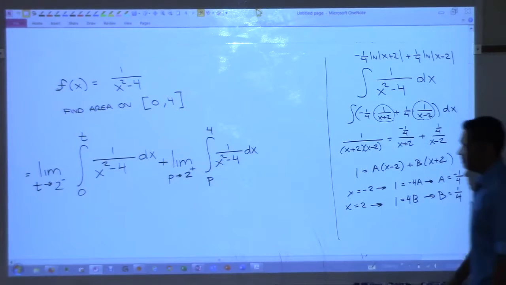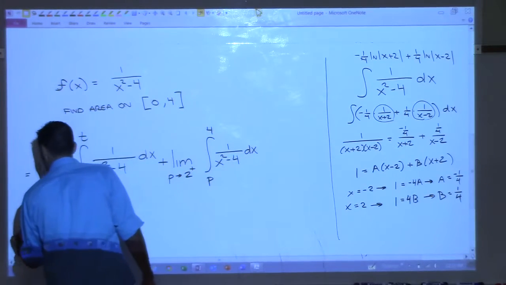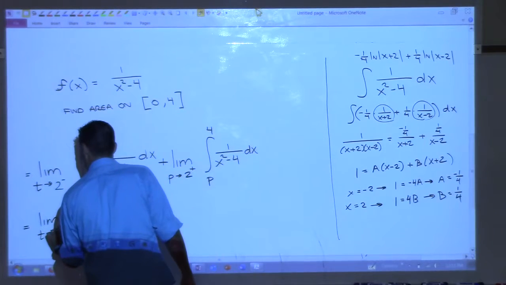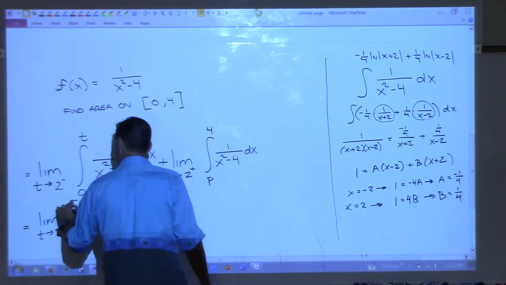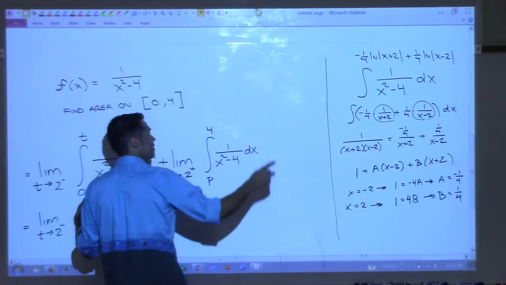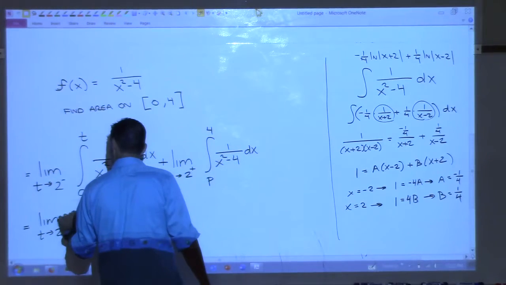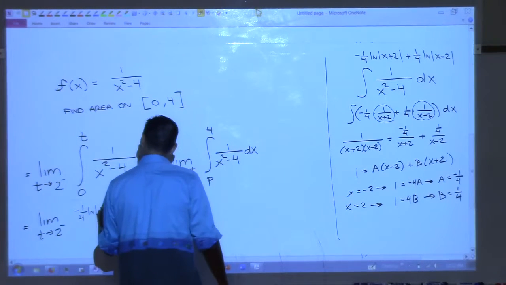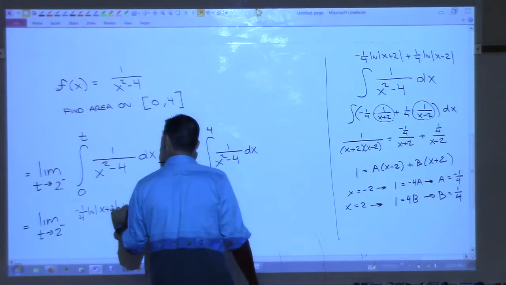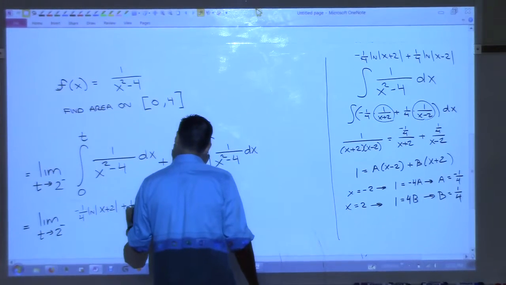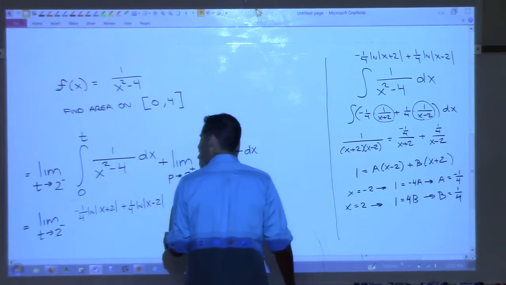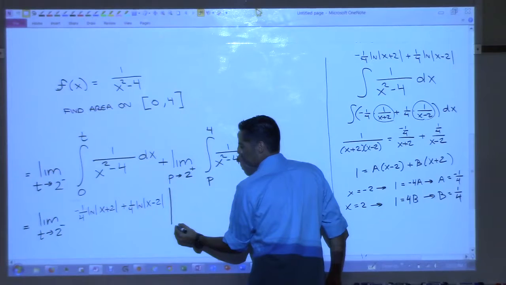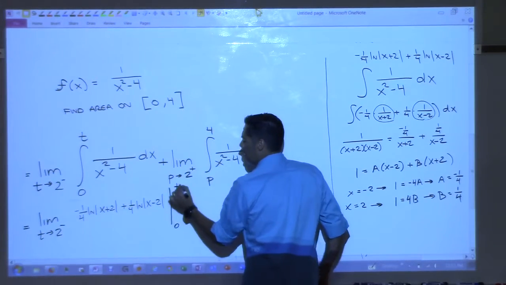All right, moving along. This is equal to the limit as t goes to 2 from the left of my antiderivative, negative 1/4 natural log of x plus 2 plus 1/4 natural log of x minus 2, and then I evaluate that from 0 to t.